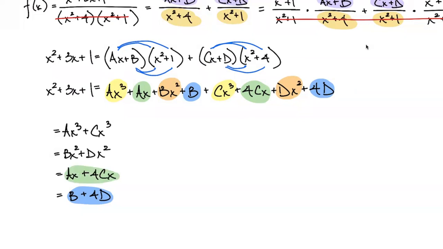So what is that blue equation? What should I put on the left-hand side of the blue equation? Perfect, right? We look on the other side of the equation, which one is only the number? It's just 1. What goes on the other side of the green equation? Perfect, right? We look for the term that is linear. We got a 3x.